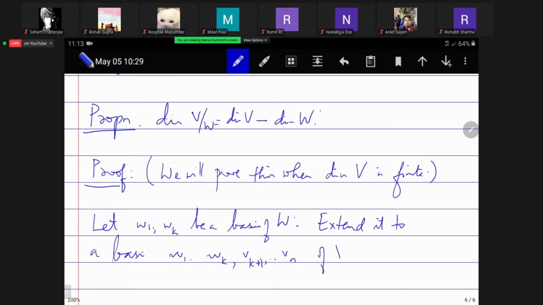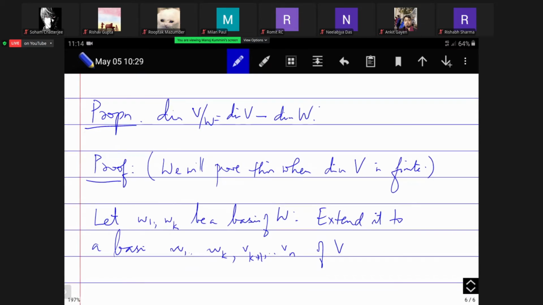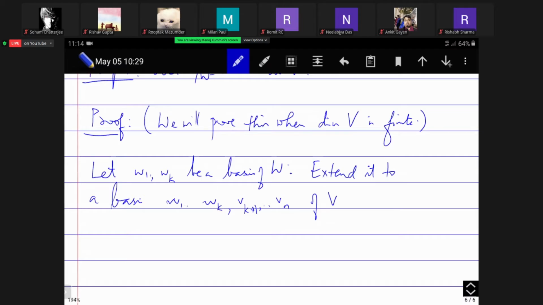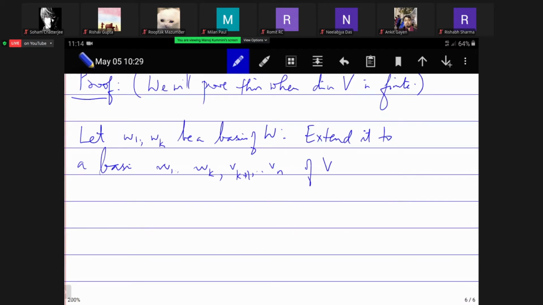So we start with the basis of W, which we can extend to that of V. It is this argument that requires Zorn's lemma if you're not working in finite dimensional vector spaces. The assertion is true, but let's not worry about the proof. So extend to a basis.